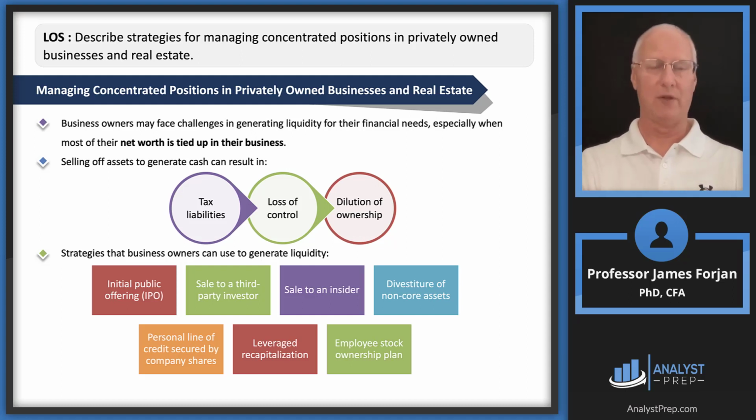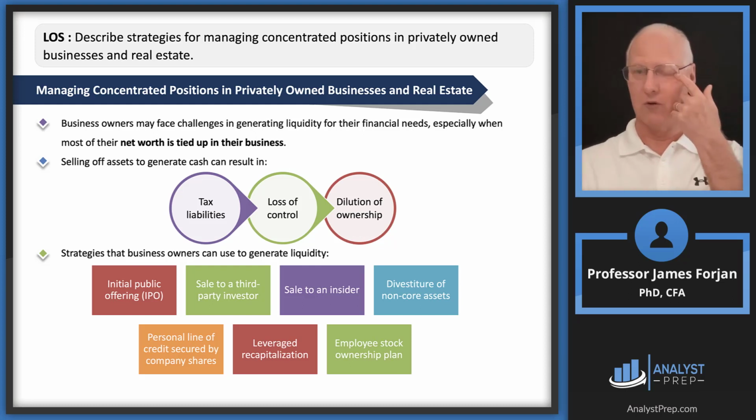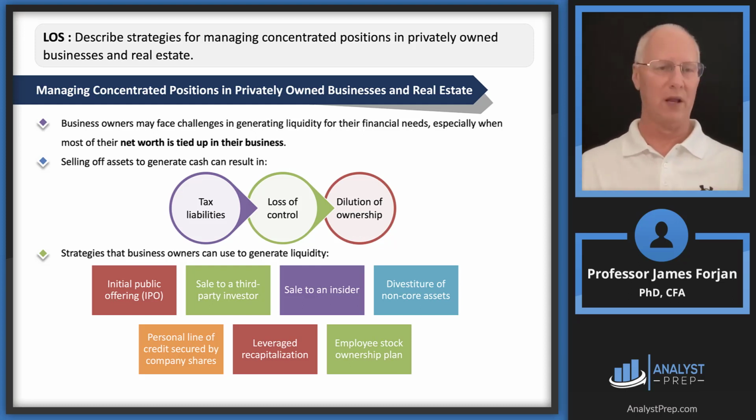So think about tax liability, think about the loss of control, think about the dilution of ownership. This is exactly what I talk about lots of times. This is the marginal cost of generating liquidity versus the marginal benefit of generating liquidity. And I'm guessing that family members are probably willing to give up a little bit of ownership to have that $10 million house in the Cayman Islands.